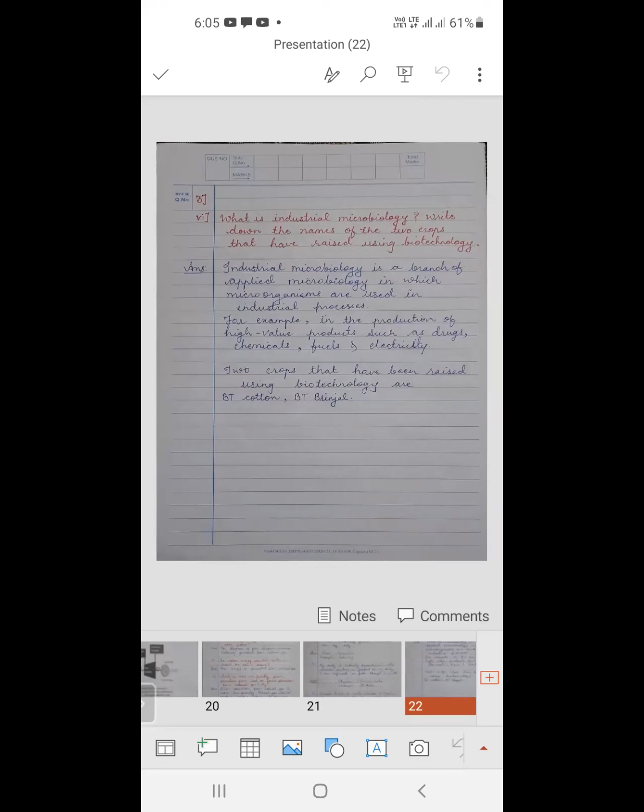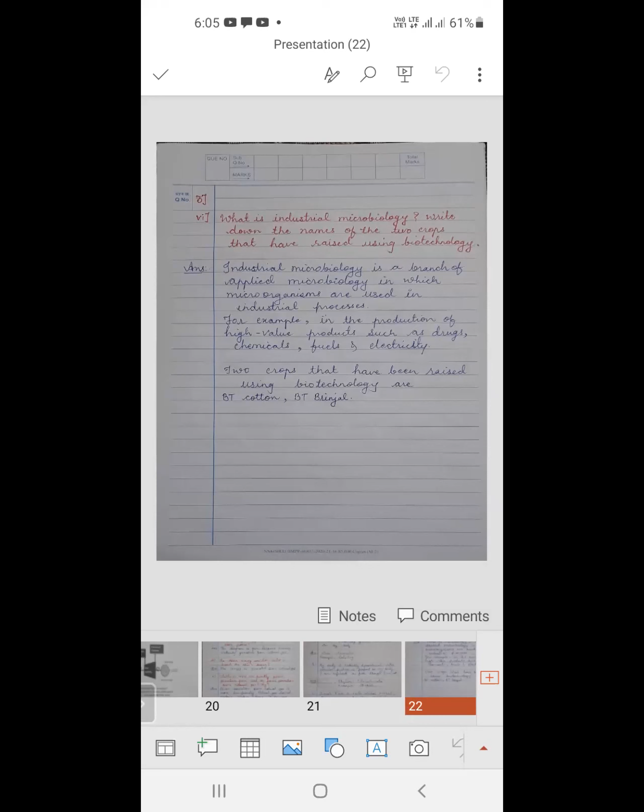Industrial microbiology is a branch of applied microbiology in which microorganisms are used in industrial processes, for example in the production of high-value products such as drugs, chemicals, fuels, and electricity.